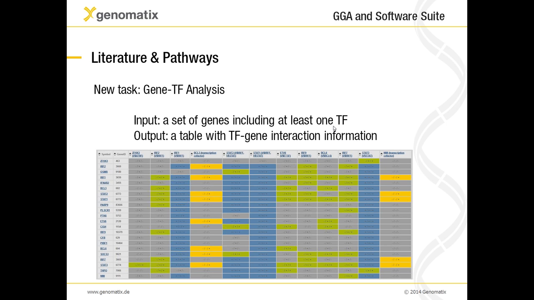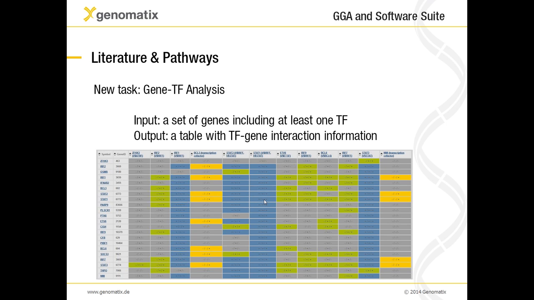What the Gene TF Analysis does for you is generate a table using the transcription factors from your input list and looking for interaction information of these transcription factors with all the genes in your list. In this case, you see the transcription factors listed here, and all the genes, including the transcription factors, for example ZFHX3 here, but also all the other genes, are listed in rows.